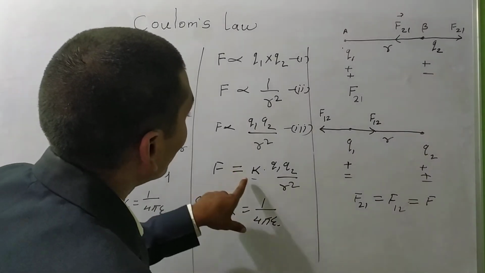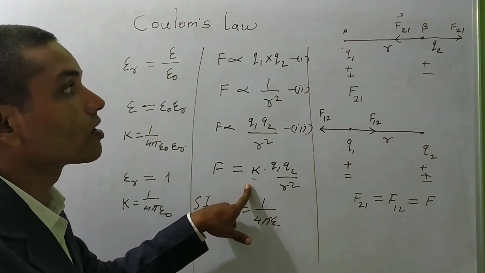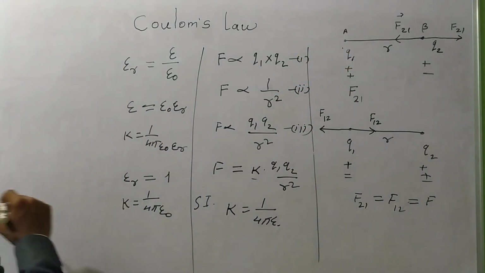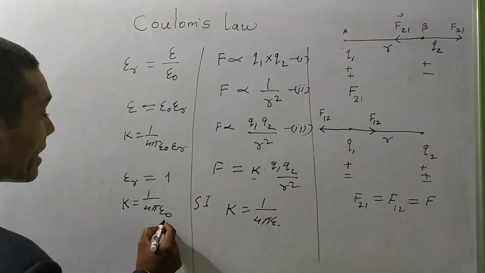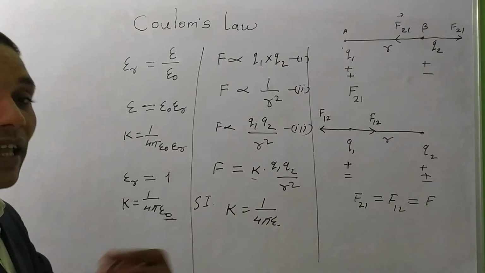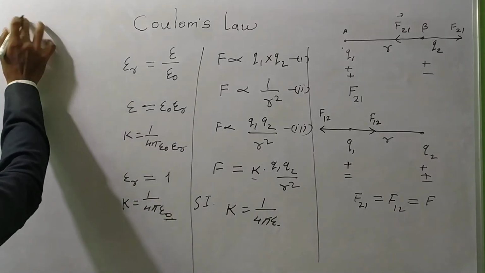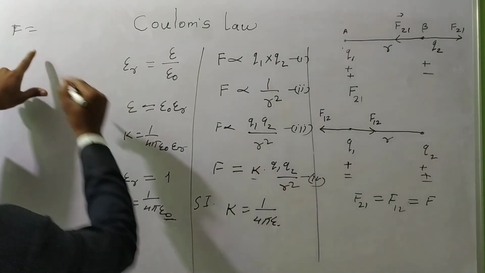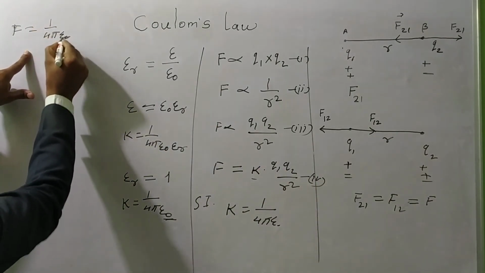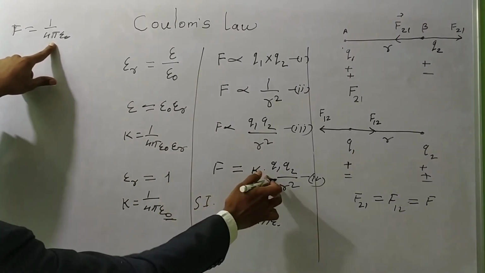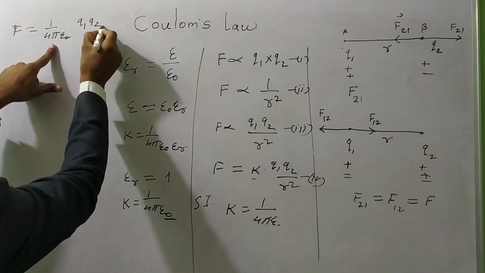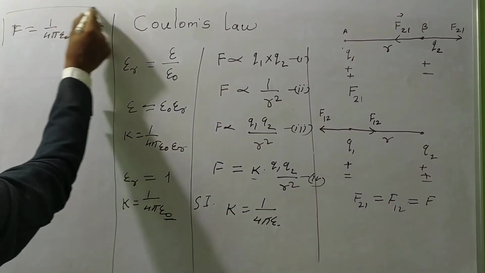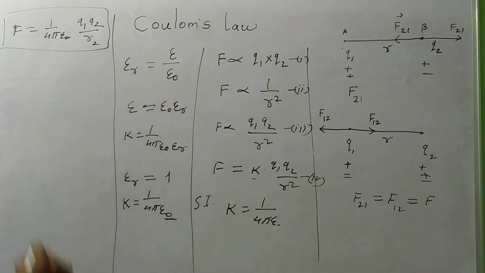Then the electrostatic force acting between two point charges in vacuum or in air, from the fourth equation, will be F equal 1 upon 4 pi epsilon naught into Q1 Q2 upon R square. Okay, this is another formula of the electrostatic force.